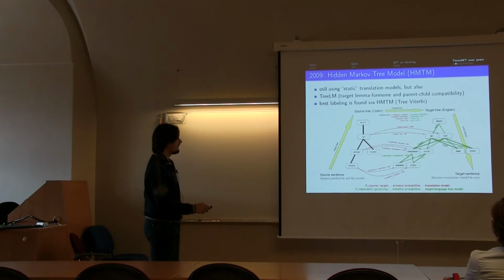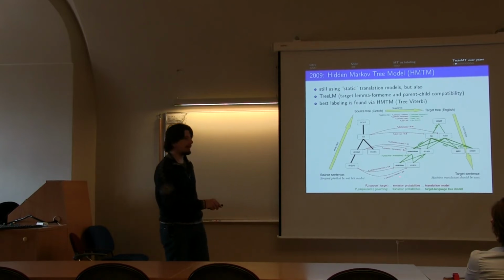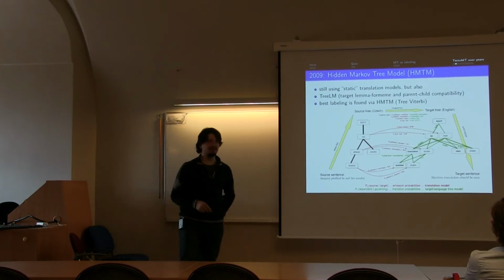So actually, if you are familiar with the Viterbi or HMM, the red edges are the translation probabilities corresponding to emission probabilities in HMM, and the green is the tree language model corresponding to transition probabilities in HMM.